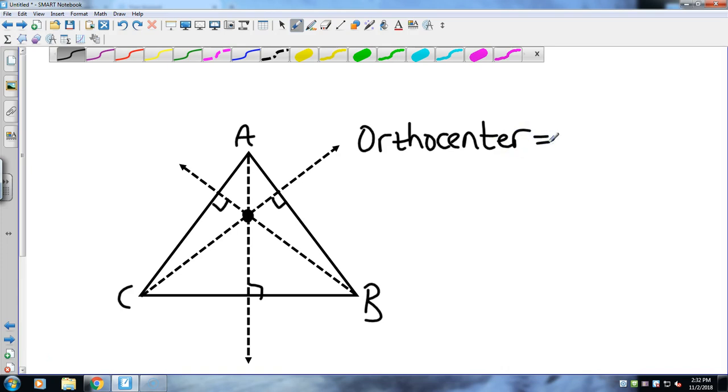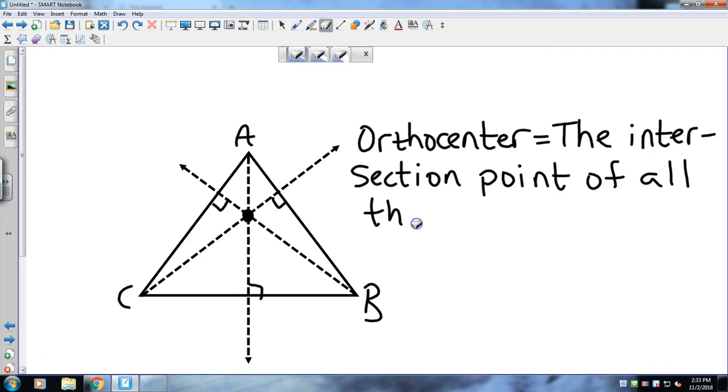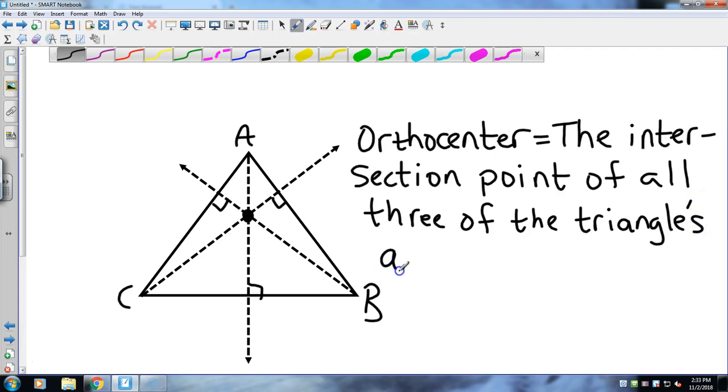which is the intersection point of all three of the triangle's altitudes.